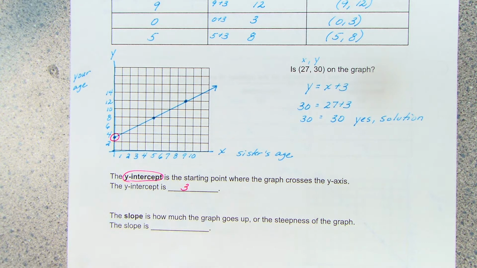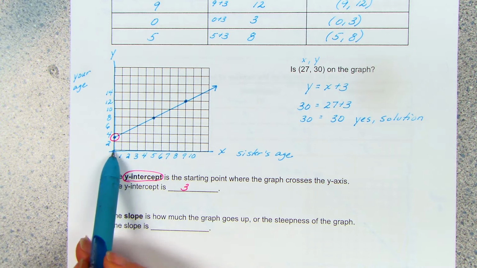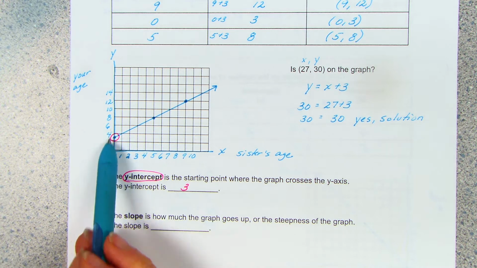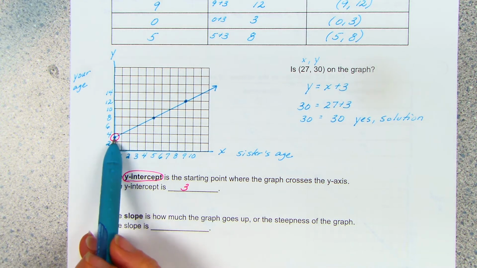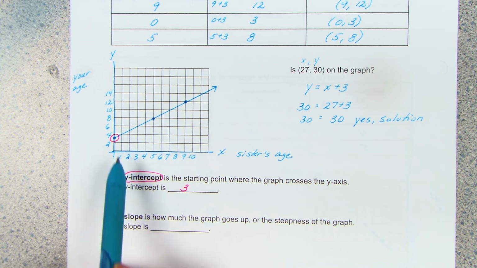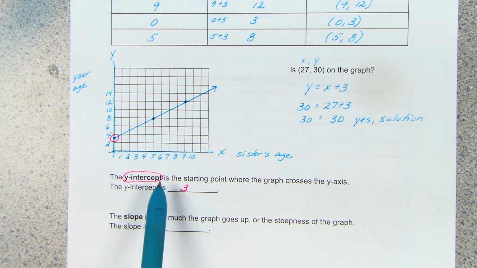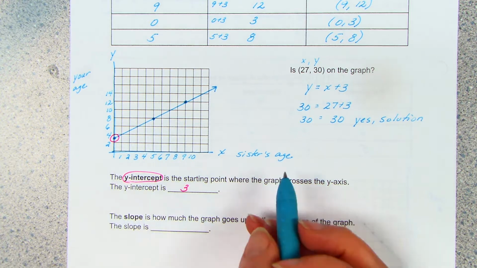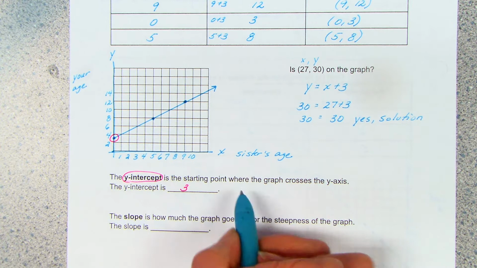And then think about what that means. What does it mean when, let's see, this is my age is 3. What is happening when my age is 3? Oh, my sister's age is 0 because that is when your sister is born.